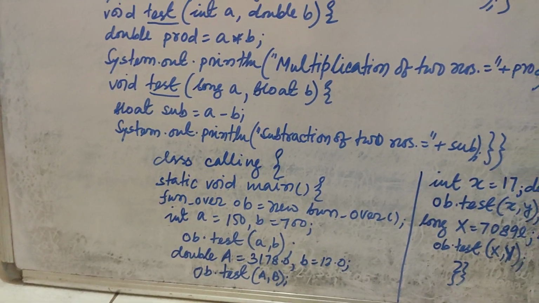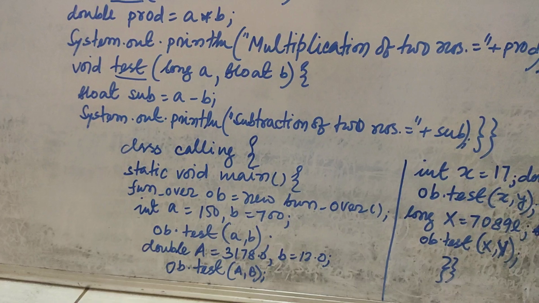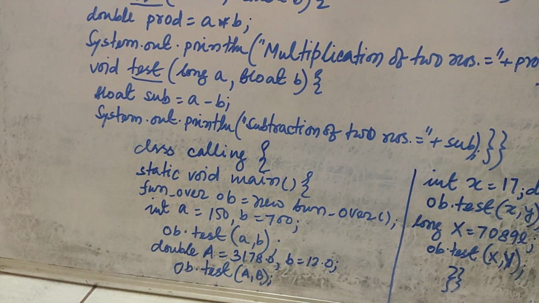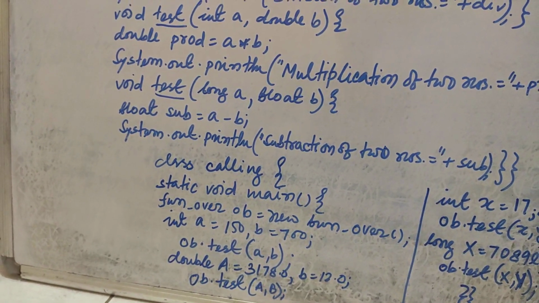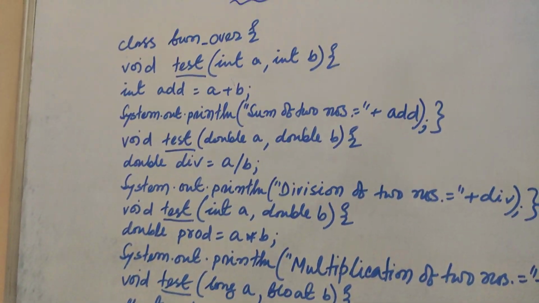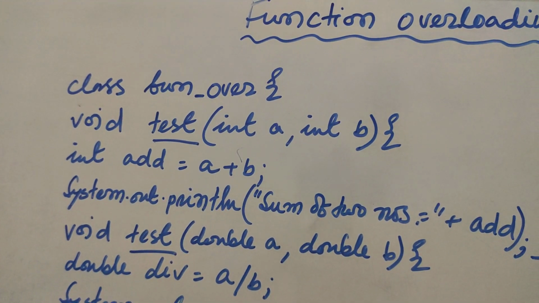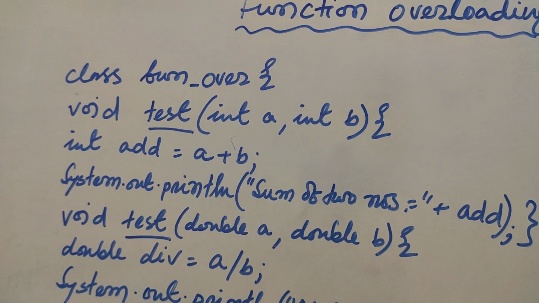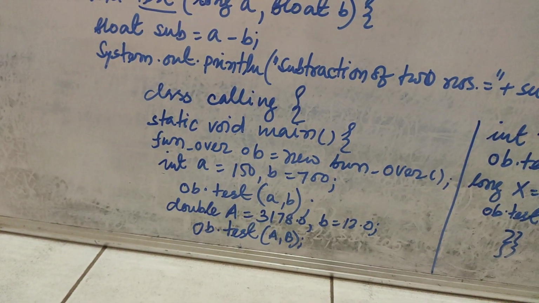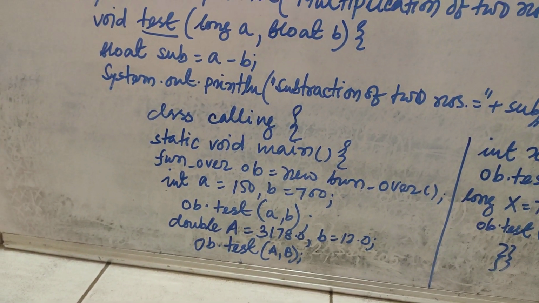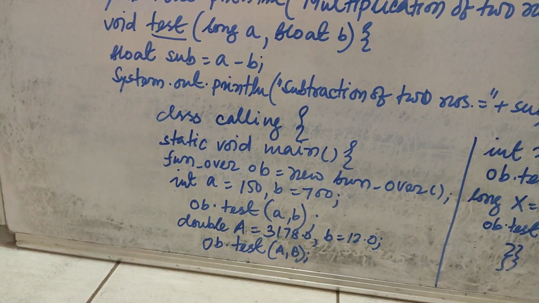Now when you call, in the calling part you notice, first you need to create an object for the class. For the addition of two numbers, both variables' data type is int, that's why I am taking here int a equal to 150 comma b equal to 700. Then ob dot test a comma b.